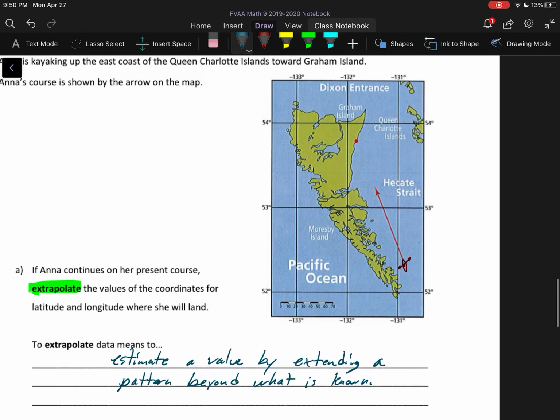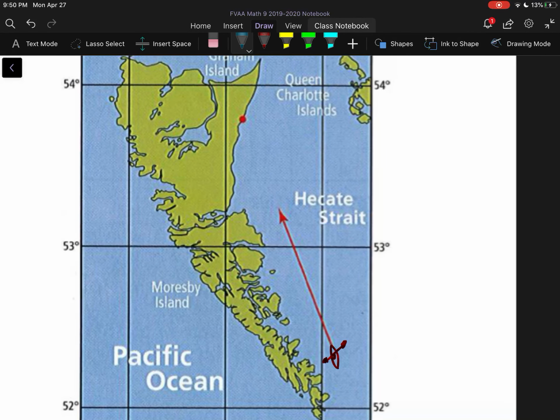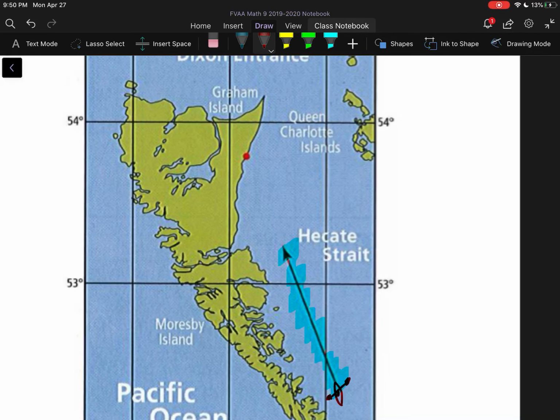Okay, so here, to extrapolate this line, we know that Anna is heading here and she's already traveled to here, right? But if I want to know where she's going to land, and again, it's important to say this, this is an assumption, right? We're assuming that Anna's direction is going to stay constant.